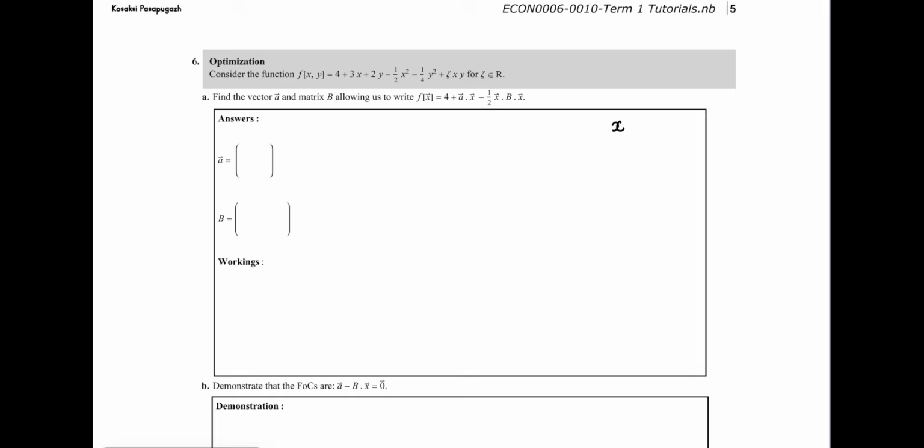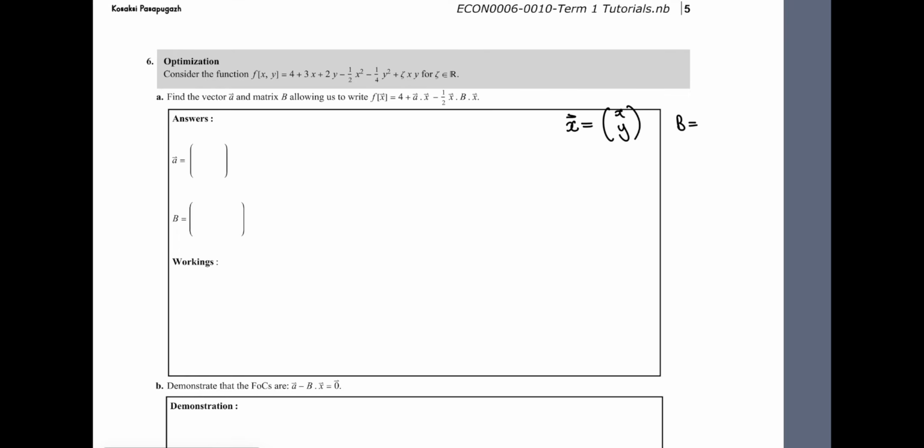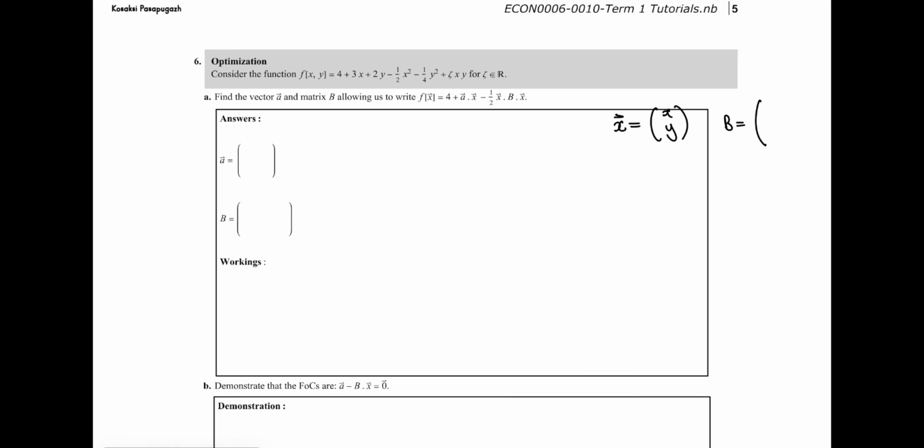Okay, x as a vector is x, y, and b seems to be a 2 by 2 matrix, so I will write a11, a12, a21, and a22, and a is a vector, so I'm going to say a is equal to a1 and a2.